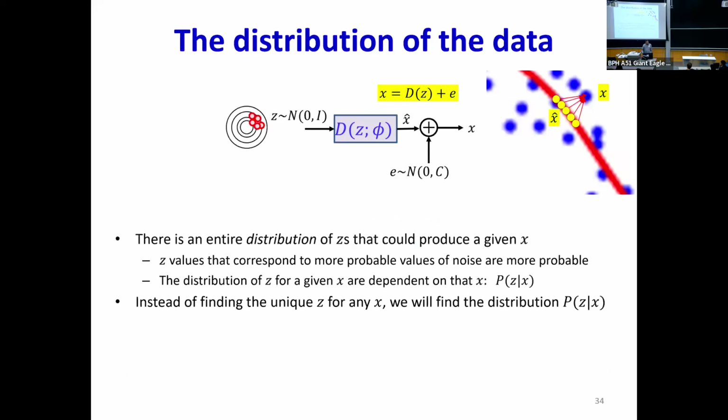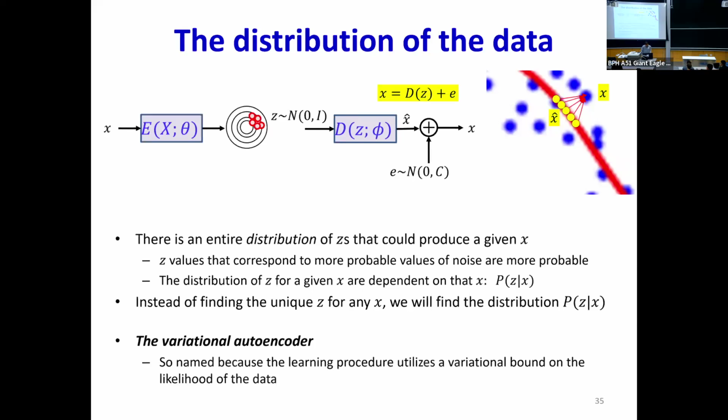Remember, the noise is Gaussian, and so the z that goes with the smallest amount of noise is going to be the most probable, and then as you increase the noise, those z's are going to be less and less probable, but there's a distribution of z's that could all have generated this x with different probabilities. And so what we want our encoder to do is to learn the distribution of z's that could have generated this x rather than a unique z, because a unique z doesn't exist, right?